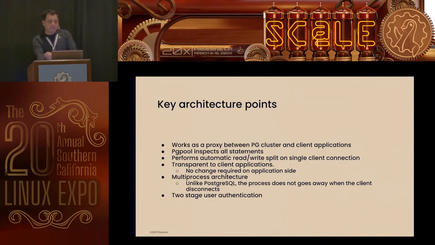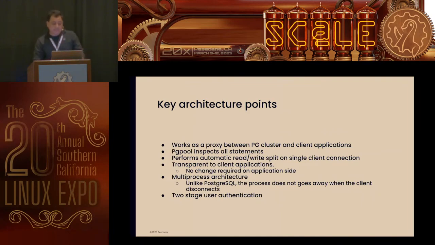So these are the few points I think need to be kept in mind before deciding. It works as a proxy between the PG cluster and the client application, so there's no direct connection. That's a very significant architectural point, as it introduces a hop between Postgres and client applications.